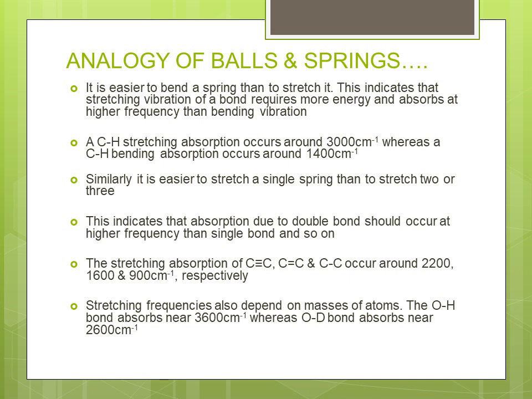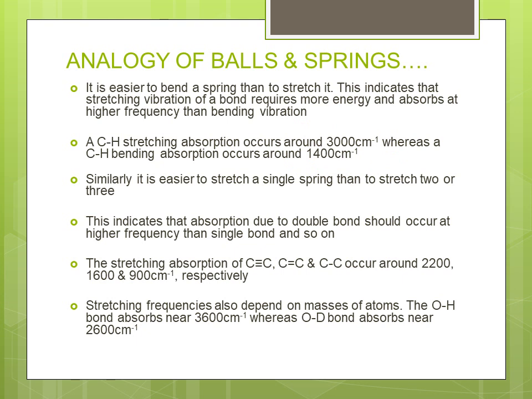This indicates that the stretching vibration of a bond requires more energy, so it will absorb at a higher frequency than bending vibration. Here is an example. A C-H stretching absorption occurs around 3000 per centimeter, whereas C-H bending absorption occurs around 1400 per centimeter. So here you can compare both of these stretching and bending vibrations.